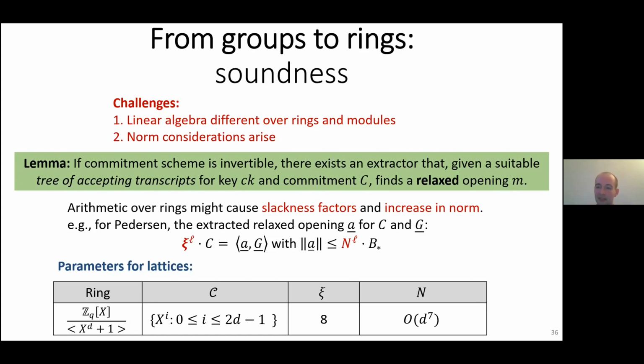So in particular, if the honest prover started with a particular Pedersen commitment, then the knowledge extractor is going to produce an opening to the same Pedersen commitment, just multiplied by a big power of 8 or something like that.